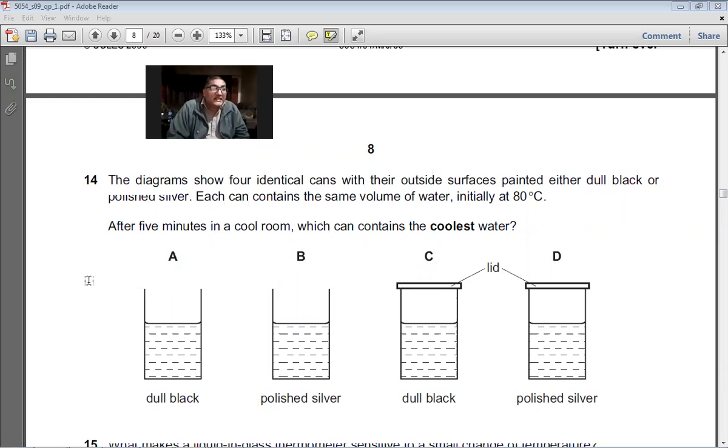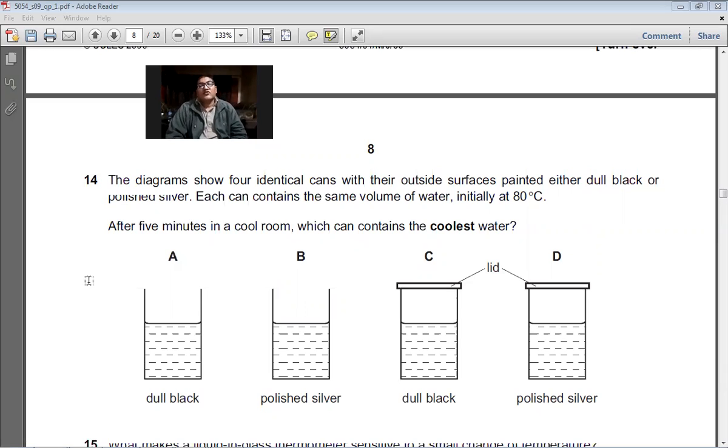Each can contains the same volume of water initially at 80 degrees centigrade. After 5 minutes in a cool room, which can contains the coolest water?